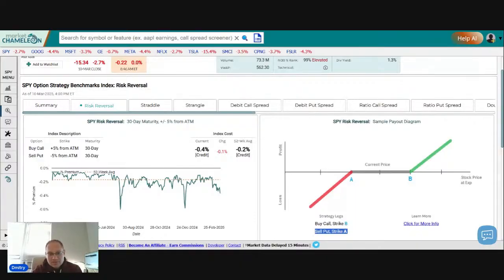If the stock goes up, and it goes above your call strike right here, B, well, what happens is you're long the stock at that strike, at that price.